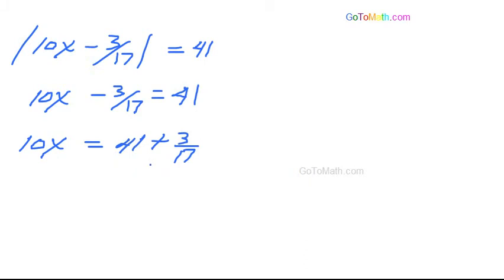And now we'll want to get all that into one single fraction there. We'll do some side work up here. So we have 41 plus 3 over 17. So we're going to want to get a common denominator, and of course there's a 1 right here. So that means let's multiply this side by 17 over 17.